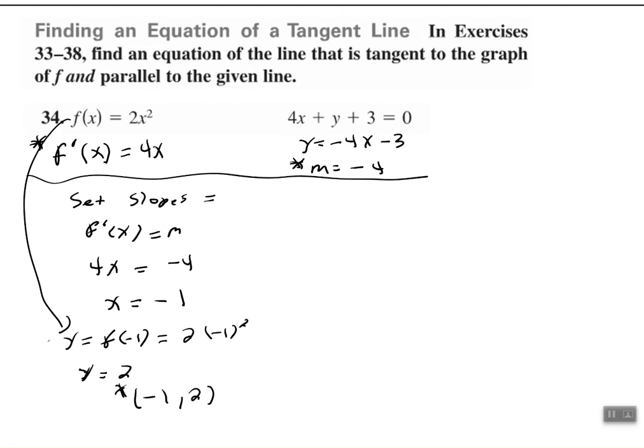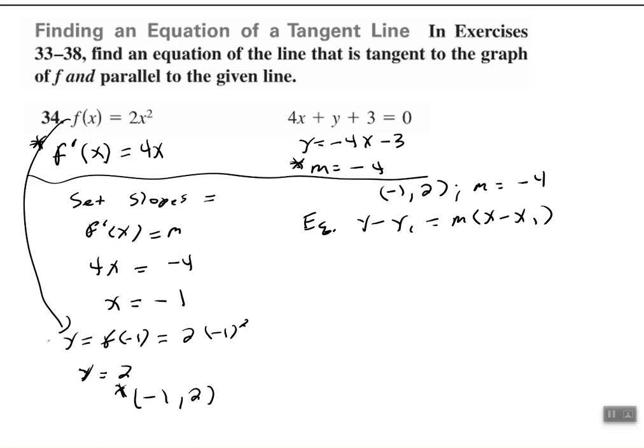Now our instructions ask us to write the equation of a line that's tangent. To write the equation of a line, we're going to use point slope: y minus y sub 1 equals m times x minus x sub 1. We know that the point is (-1, 2), and we know that the slope is the same as the slope of the given line, which is -4.